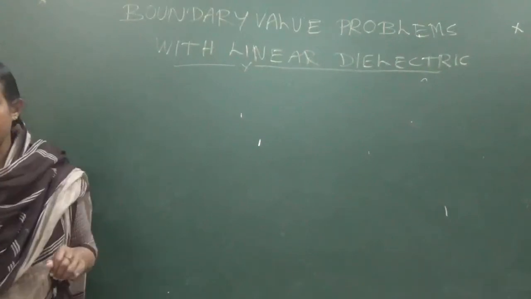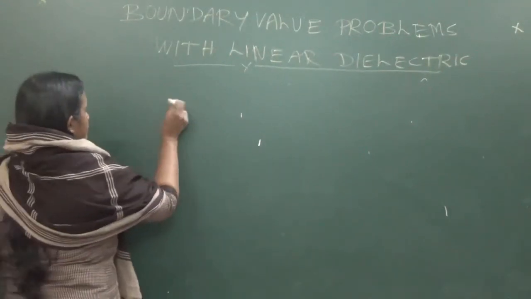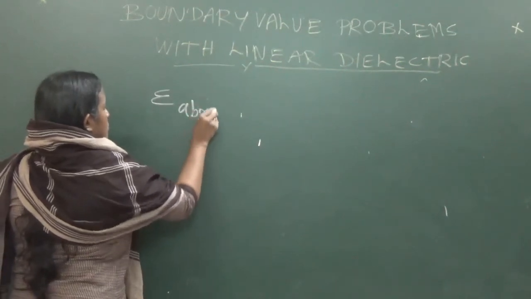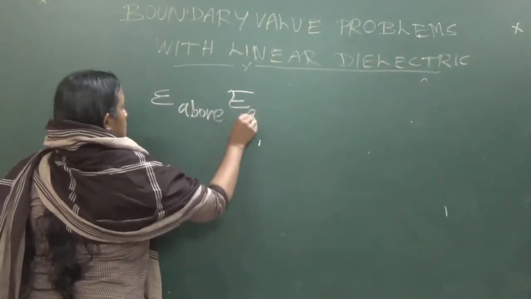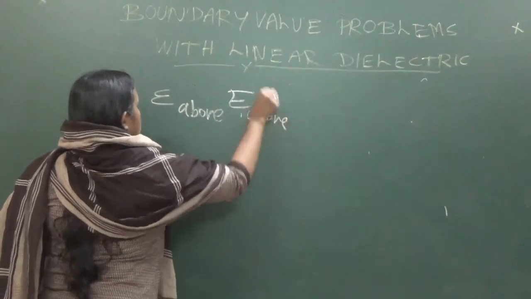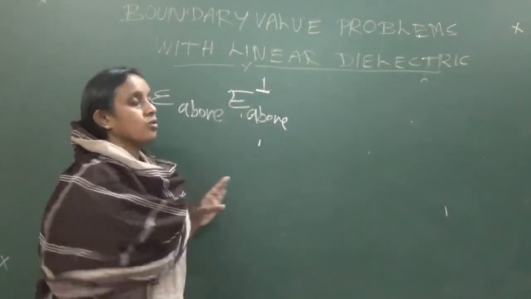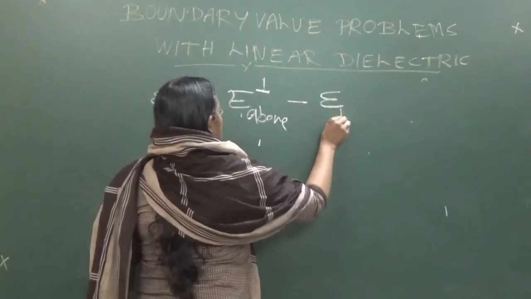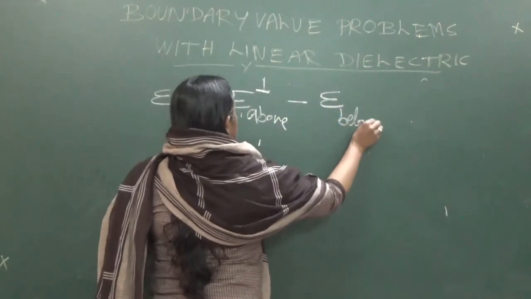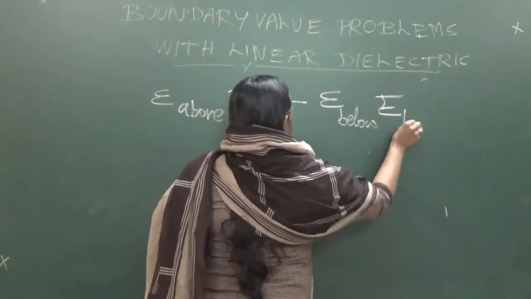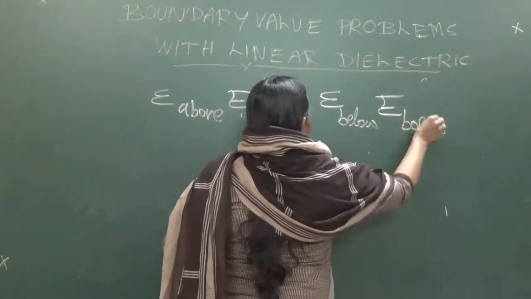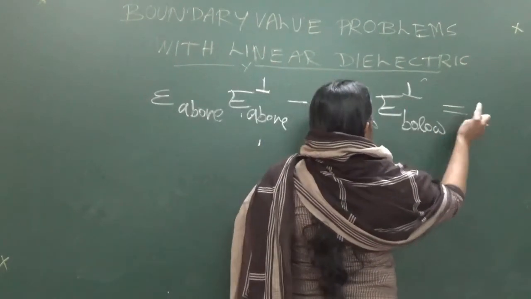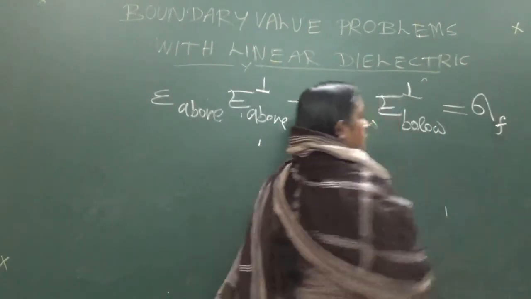The boundary condition is given by epsilon above times the electric field above, with the component normal to the surface, minus epsilon below times the normal component of the electric field below, is discontinuous by an amount sigma f.